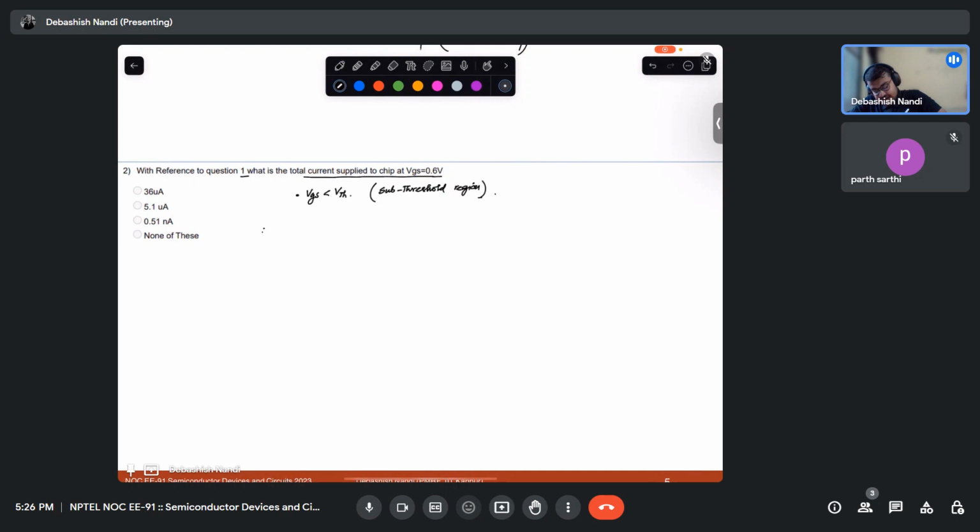And you need to find out ID total to the chip. That means you have 10 to the power 7 transistors times ID of one transistor.